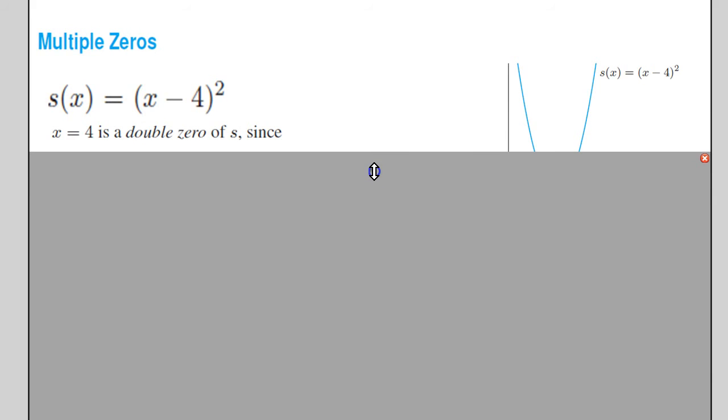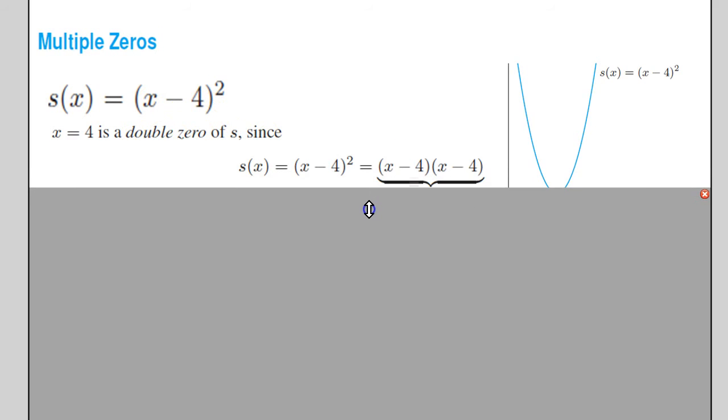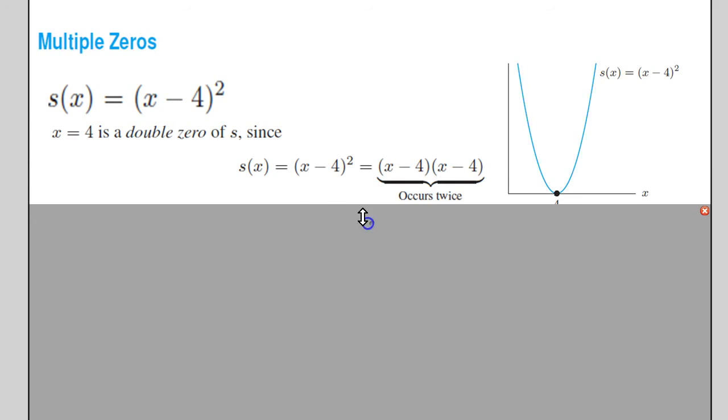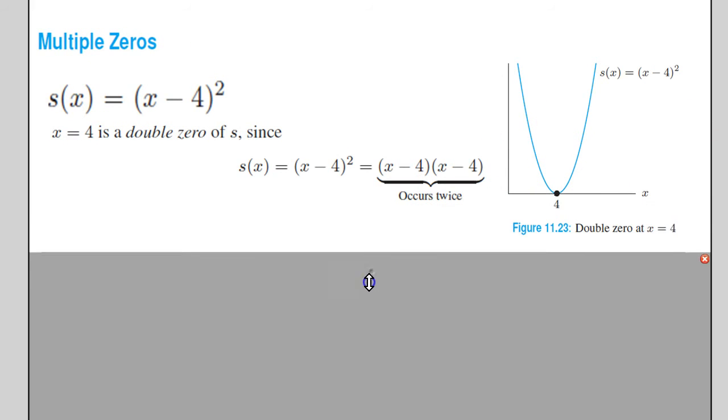As you can see, the degree is 2, and we have a linear factor of x minus 4, which means we have a zero at 4. But we call this a double zero because of the square: we actually have 2 linear factors, x minus 4 and x minus 4. So that means that the zero is actually a double zero, and this is what the graph of that function looks like.